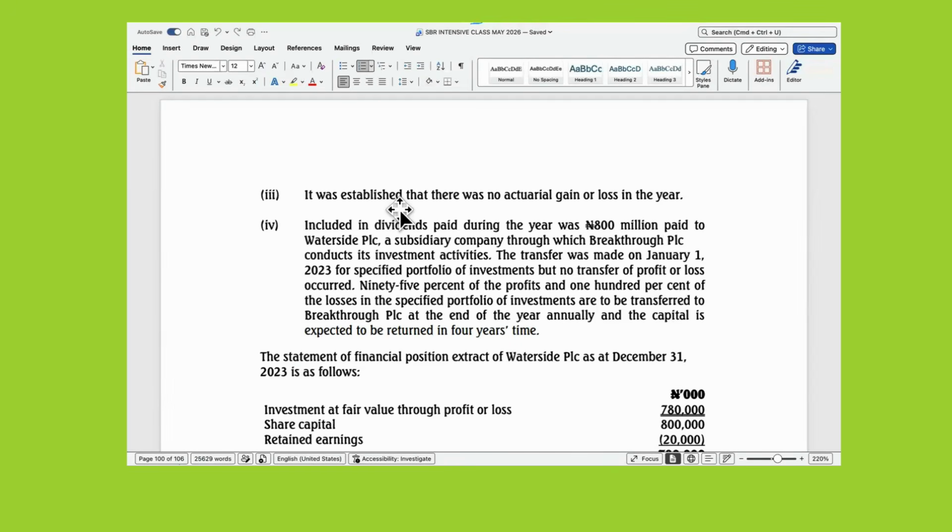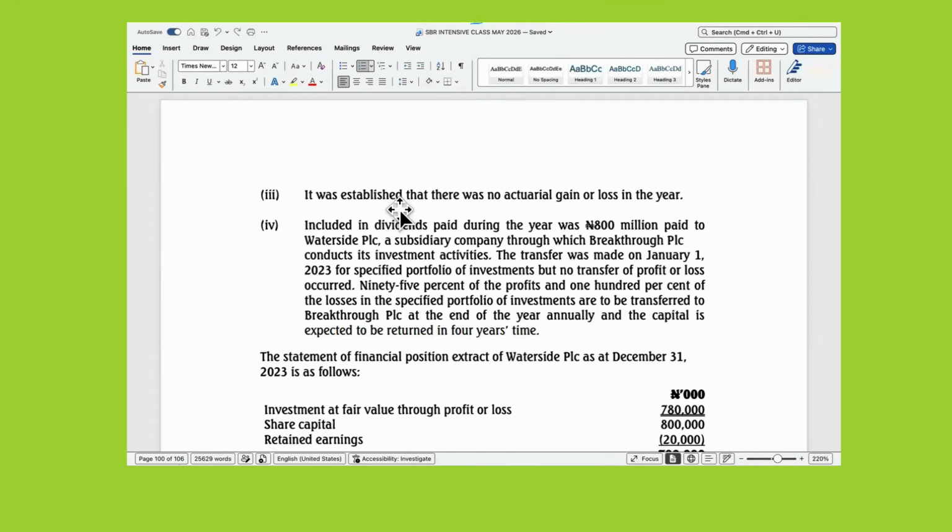Also, number four, it says included in dividend paid during the year was 800 million paid to Waterside PLC, a subsidiary company through which Breakthrough PLC conducts its investing activities.